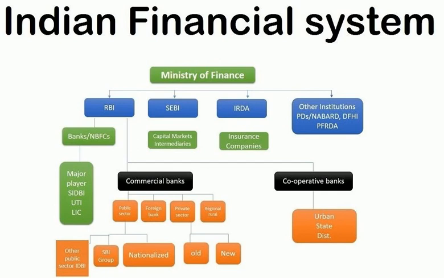Then another very important event in the field of insurance: Life Insurance Corporation was formed in 1956 by nationalization of 245 life insurance companies into a single monolithic state-owned institution. In 1972, General Insurance Corporation of India was formed for general insurance.